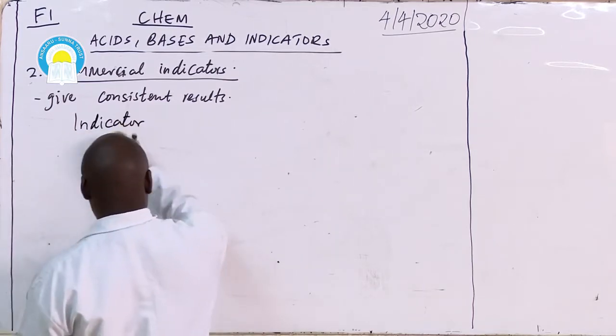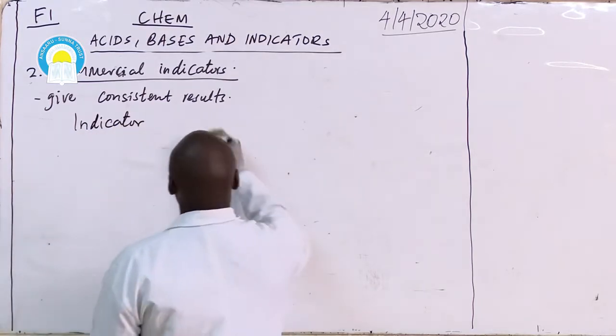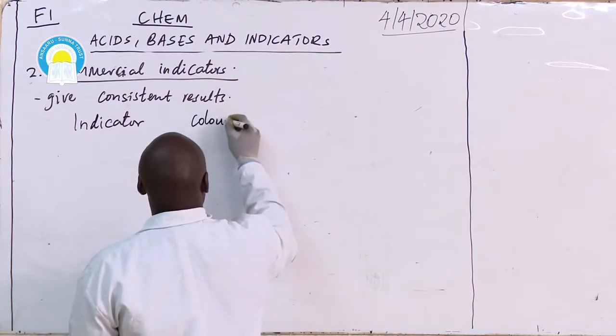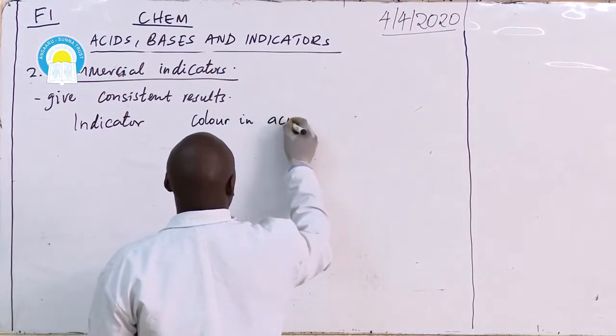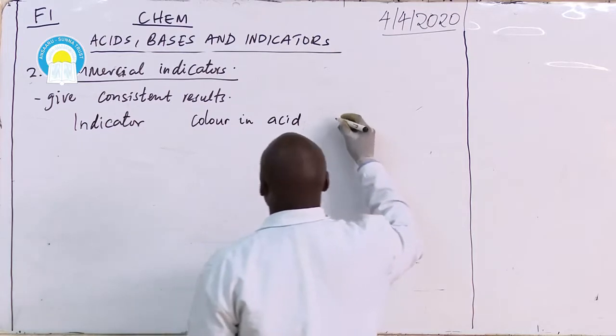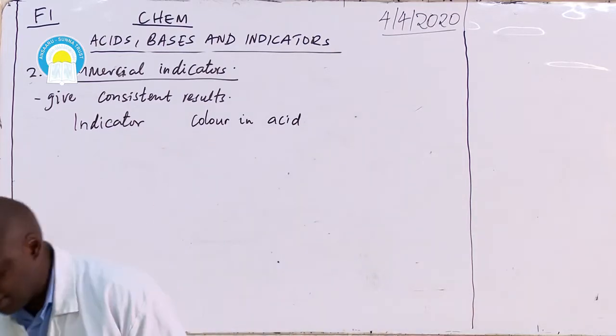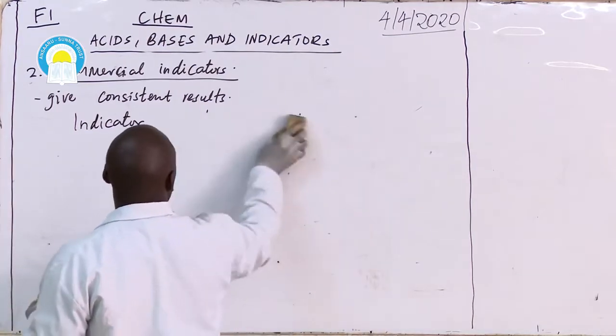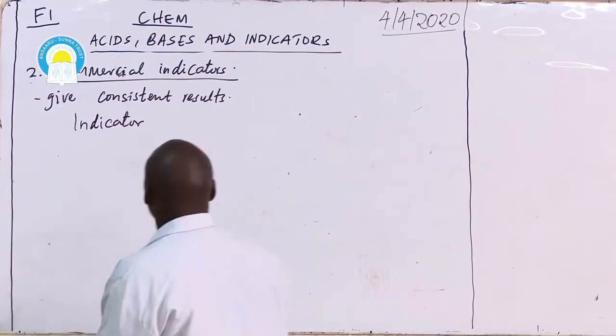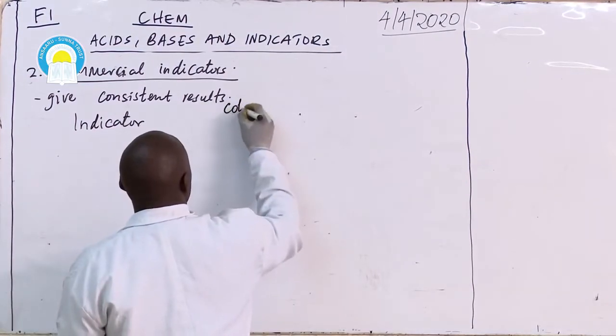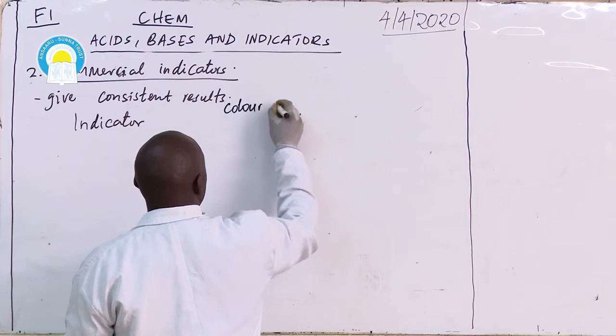So the indicator, I'll write the name of indicator here. Then we have color in acid. Then we have color in base. So let me put a heading here, color in.